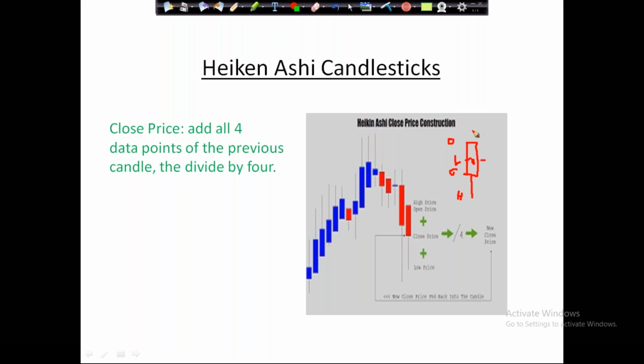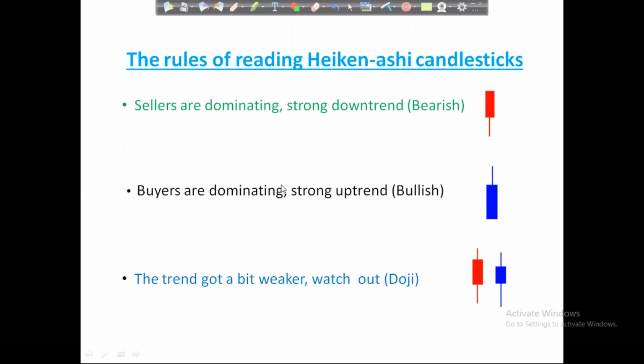So in that case, they will add all of them: open plus close plus high plus low. What result comes, divided by 4. And whatever result comes, that is the close. All right, that is the close. Is it clear? Right? Very simple. Okay.